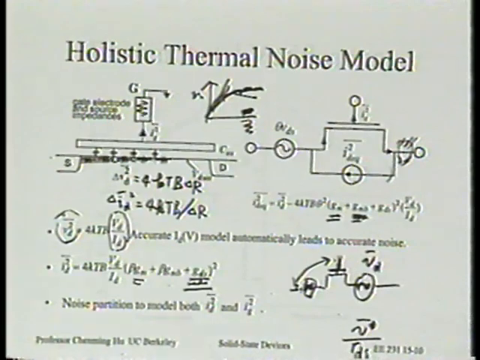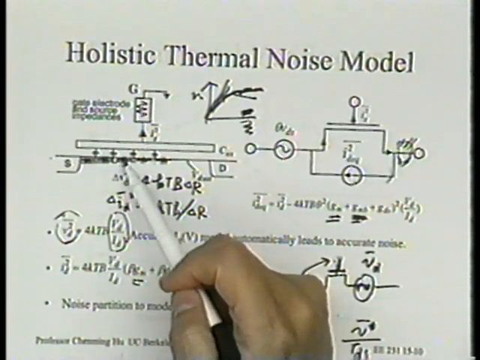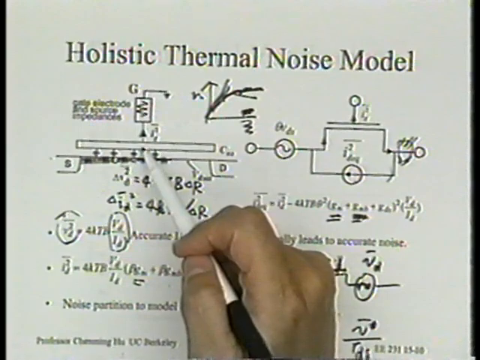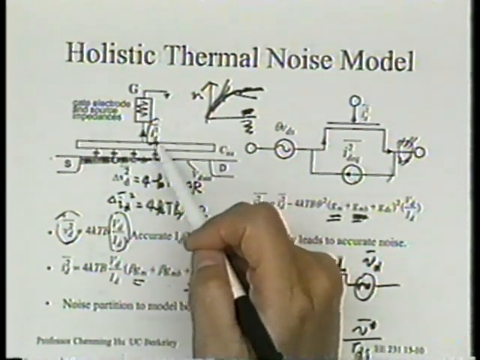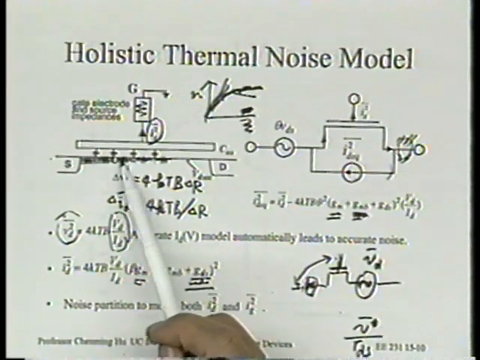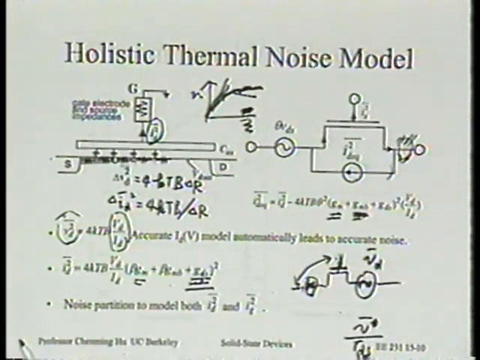Turns out there's a fourth mechanism. If we have noise voltage in the channel, through this gate capacitor it induces a noise current in the gate circuit. If you put noise sources here, wouldn't they produce a noise current in the gate? Of course they would.